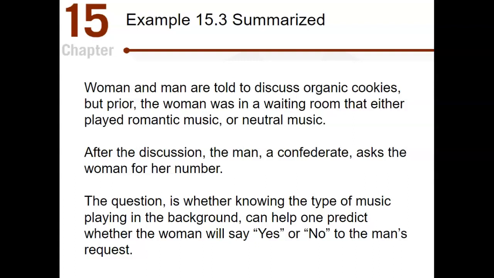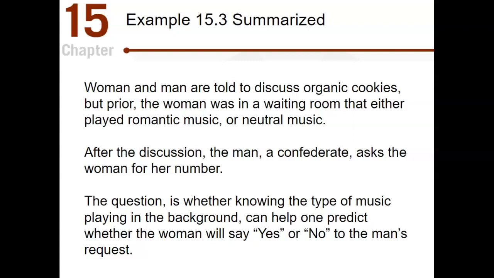But prior to this discussion, the woman was actually waiting in a room, and that room was either playing romantic music or neutral music. That would be variable one, the type of music being played. And then after the discussion, the man, who's actually part of the research team, a confederate, according to a script, asked the woman for her phone number.